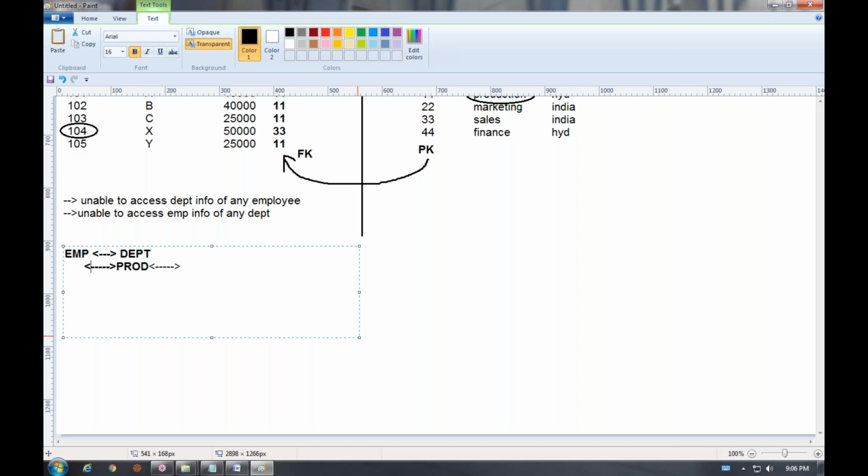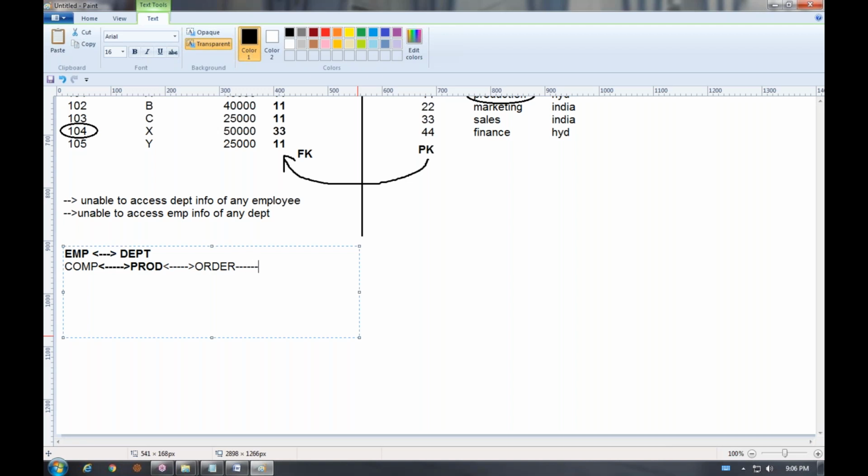See, if there is a product, it should be from a company. Remember, it should be compulsory from some company. Without company, there is no product. And if there is a product, the product is compulsorily related with order. Some orders received for the product.